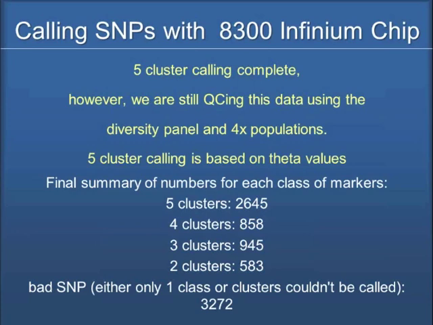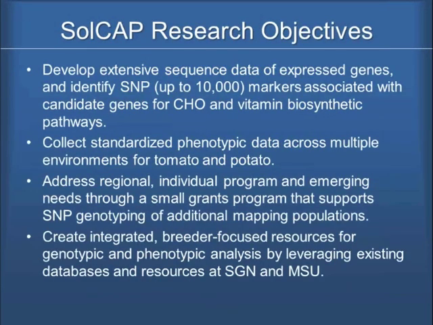So 2,645 fall into 5 clusters, and 858 fall into the 4 clusters, and so on. So there are a number of SNPs that are going to be useful in being able to call at this 5 genotypic class. But I think you want to go and look at them yourself in your populations.